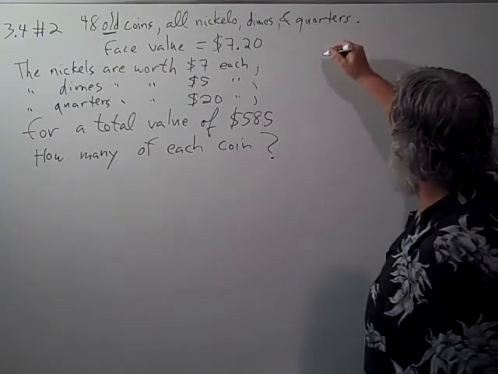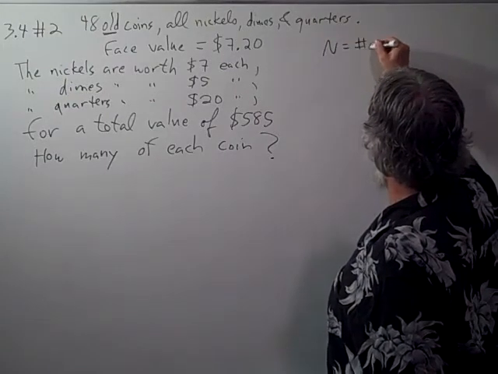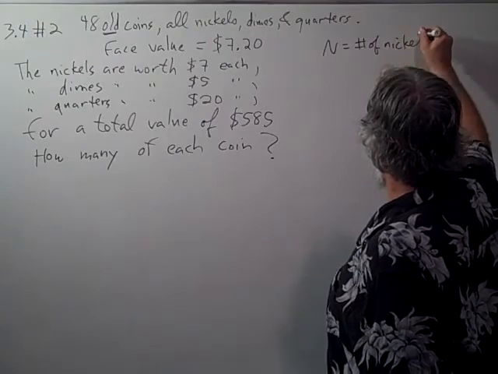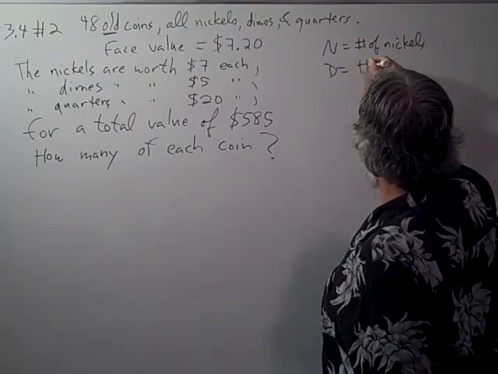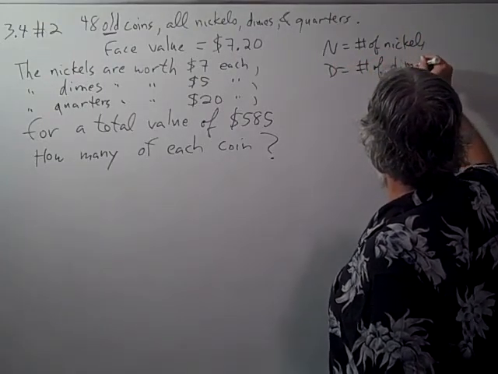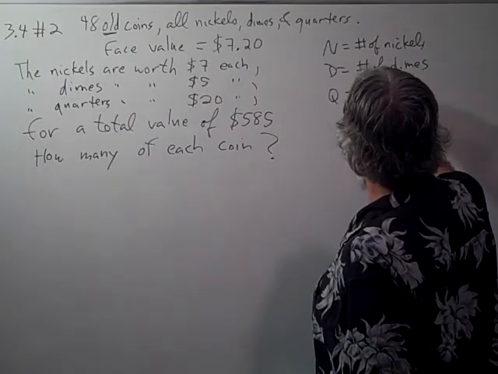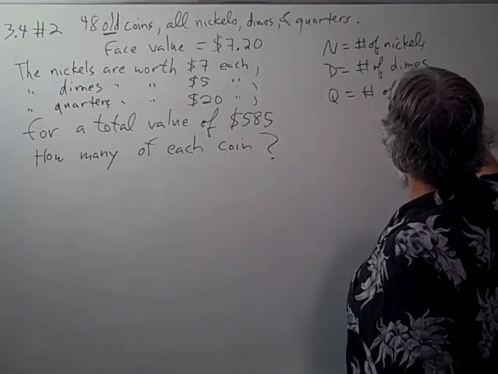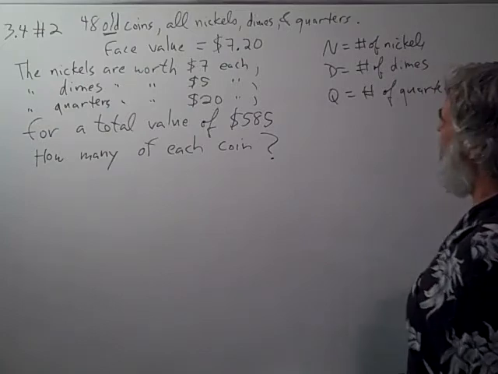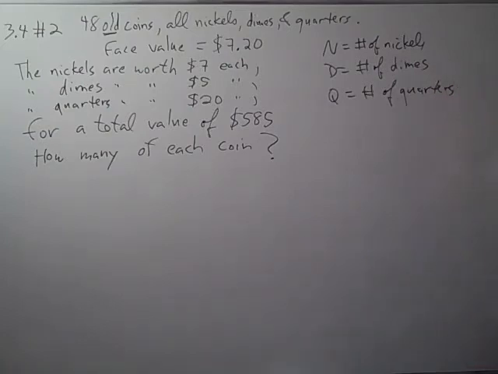Let's let n equal the number of nickels, d equal the number of dimes, and q equal the number of quarters. Then we can start writing equations involving these quantities.